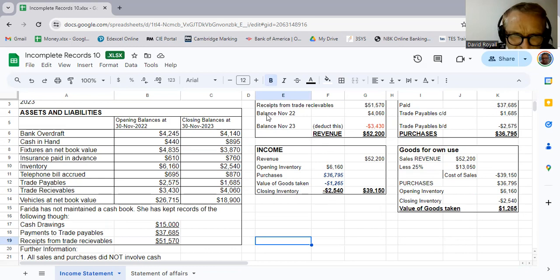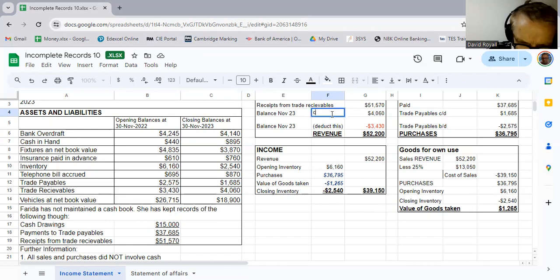But at the end of the year, we have to take this 40. So let's get the date right. This is the closing amount.